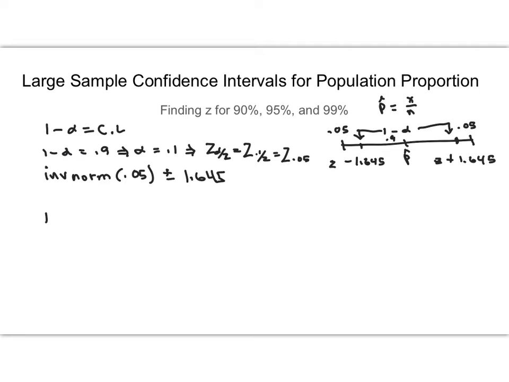For a 95% confidence level, if 1 minus alpha is 0.95, then alpha is 0.05, which means that z alpha over 2 is z 0.05 divided in half, which is z 0.025.